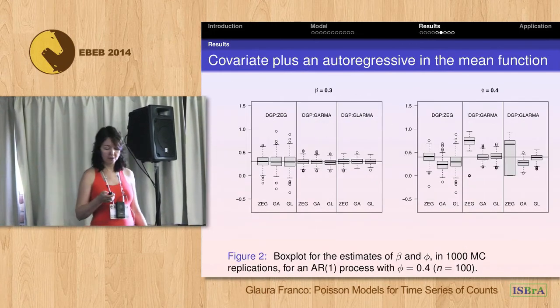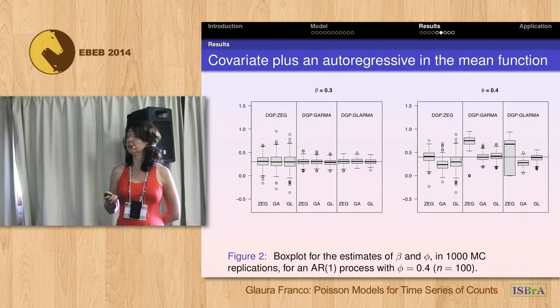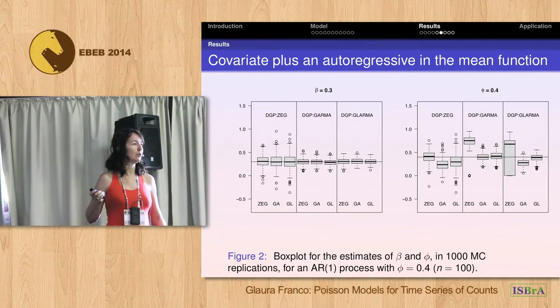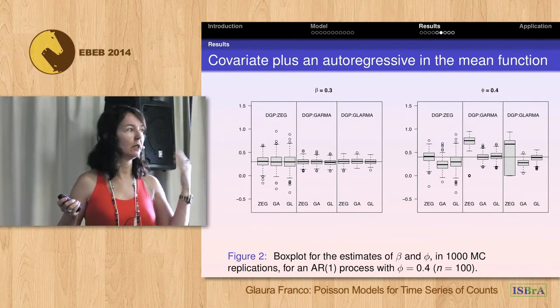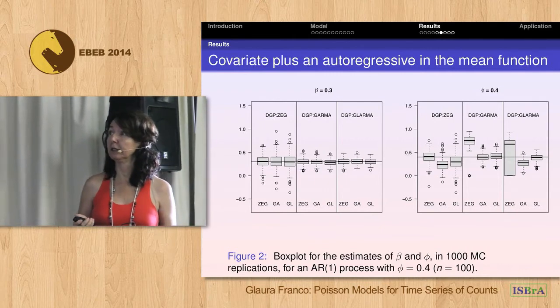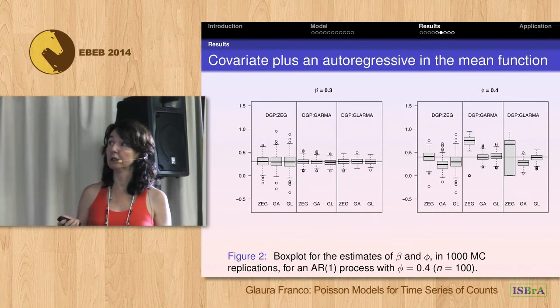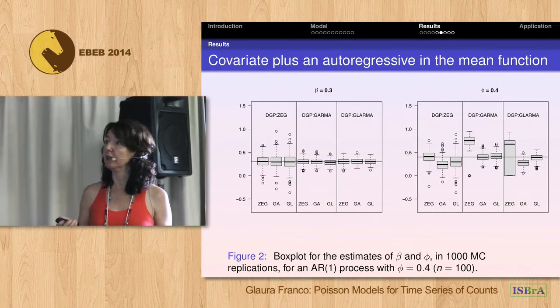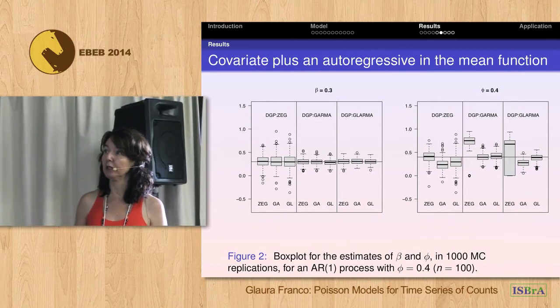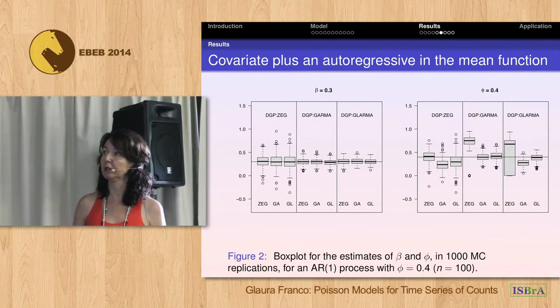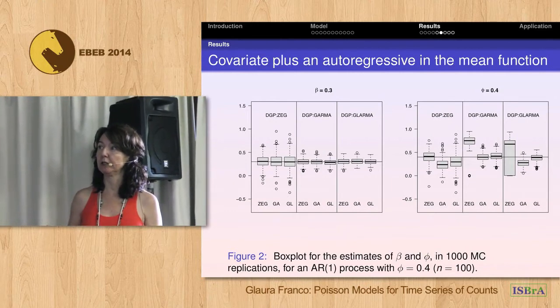The main conclusion here is one that other authors who had compared these models, Jung, have found. The beta component doesn't change when the DGP is the ZEG or Gamma or Glamour, it gives exactly the 0.3 value which we have fixed here.